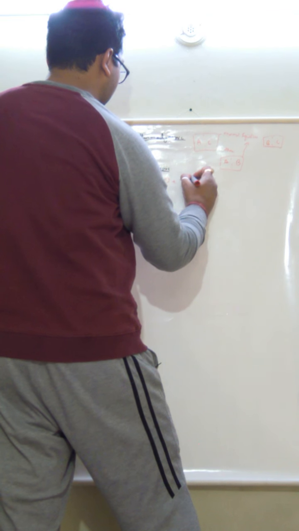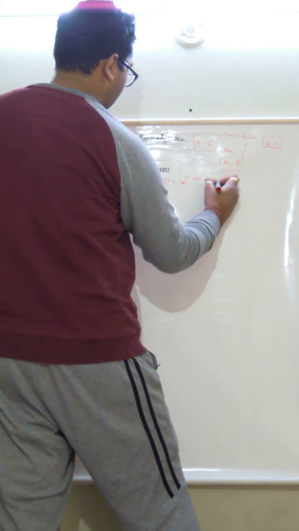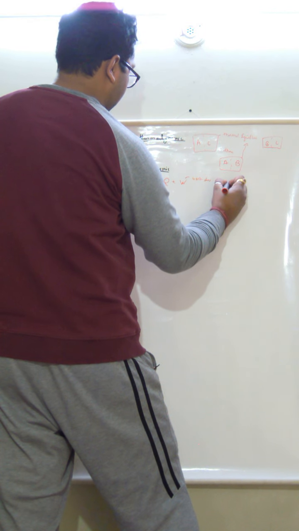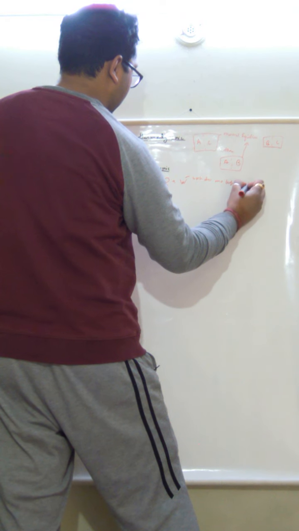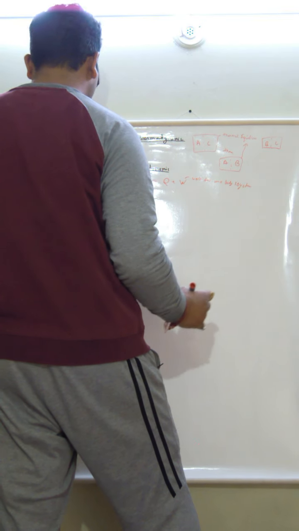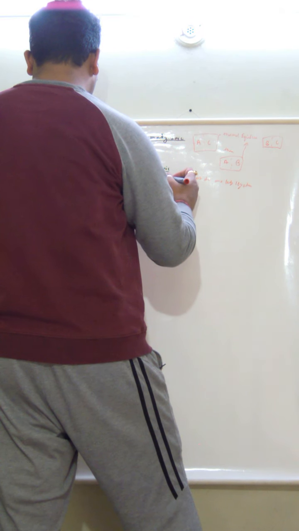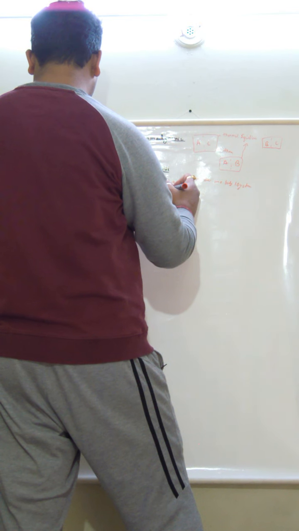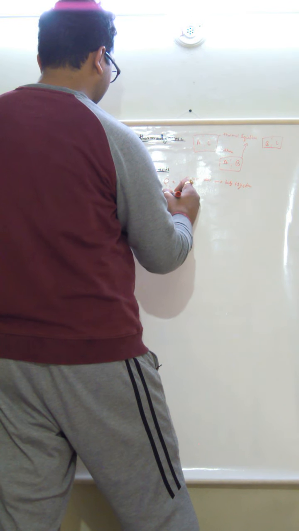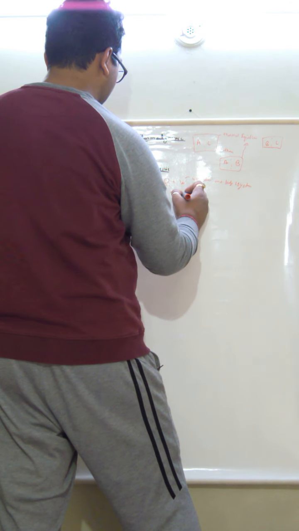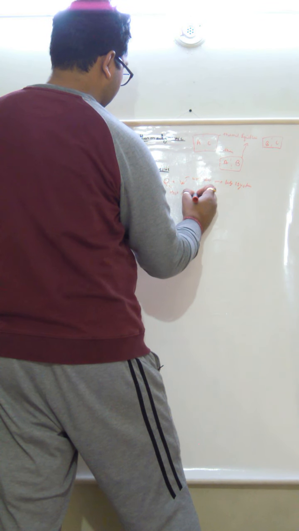W is the work done on a system, and Q is the heat absorbed by the system.